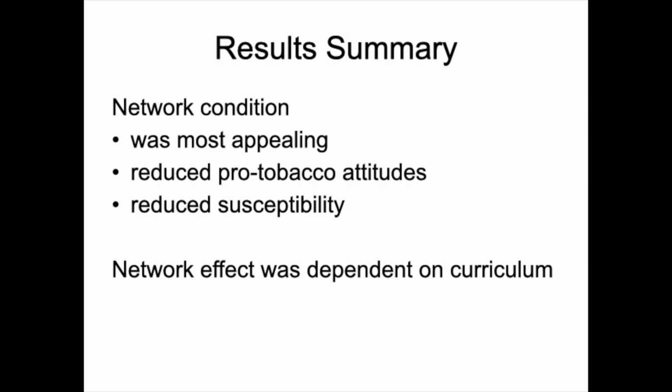And then we did the statistical analysis, and it turns out, again, just using the network condition was associated with better smoking attitudes, self-efficacy not to smoke, and a huge reduction in susceptibility to smoke, which we know is highly associated with smoking. And when we looked at the 1-year outcomes on smoking behavior, what we discovered is that overall, flavor was more effective than chips.